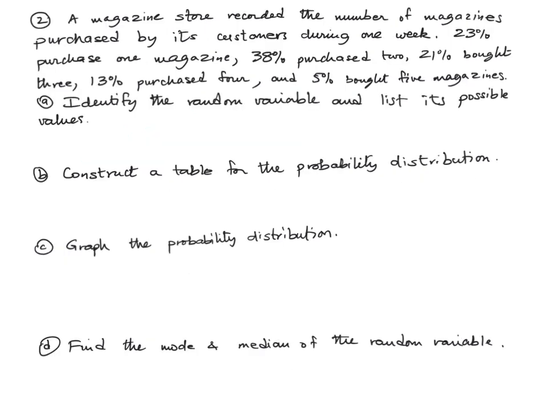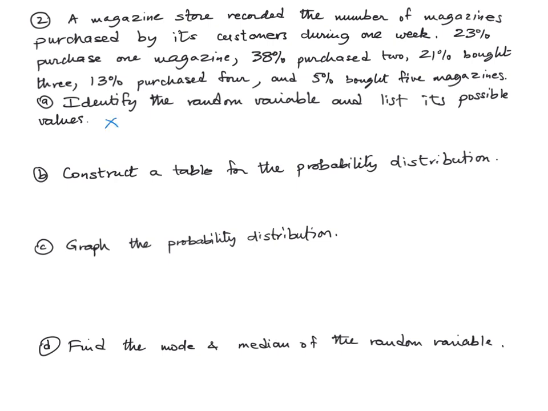All right, a magazine store recorded the number of magazines purchased by its customers during 1 week. 23% of the customers purchased one magazine, 38% purchased 2 magazines, 21% bought 3 magazines, 13% purchased 4, and 5% bought 5 magazines. The first question is to identify the random variable and list its possible values. I could use any letter I want, so I'm just going to use capital X because that's the one we tend to use.